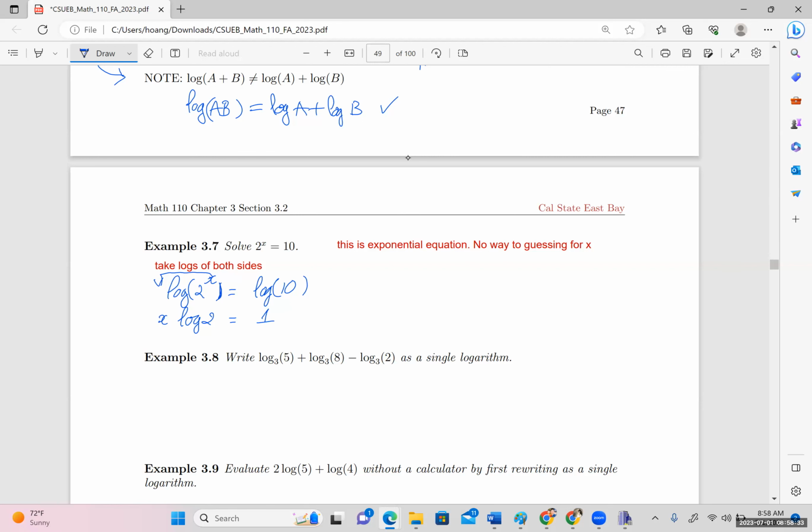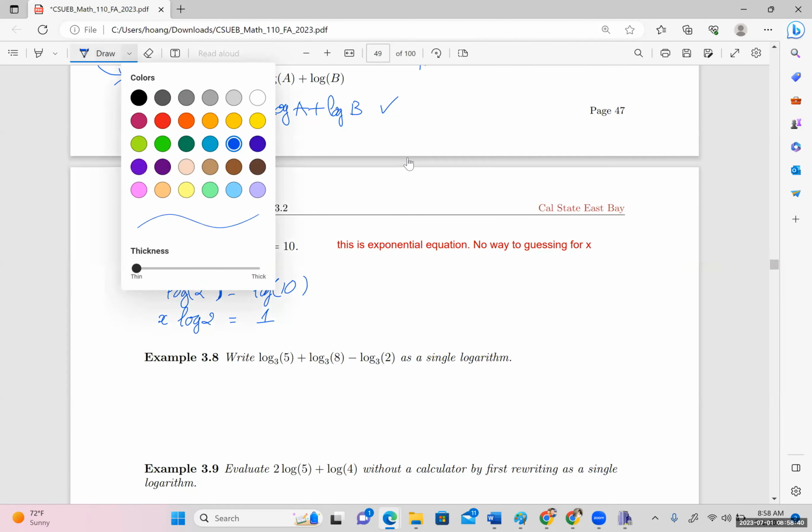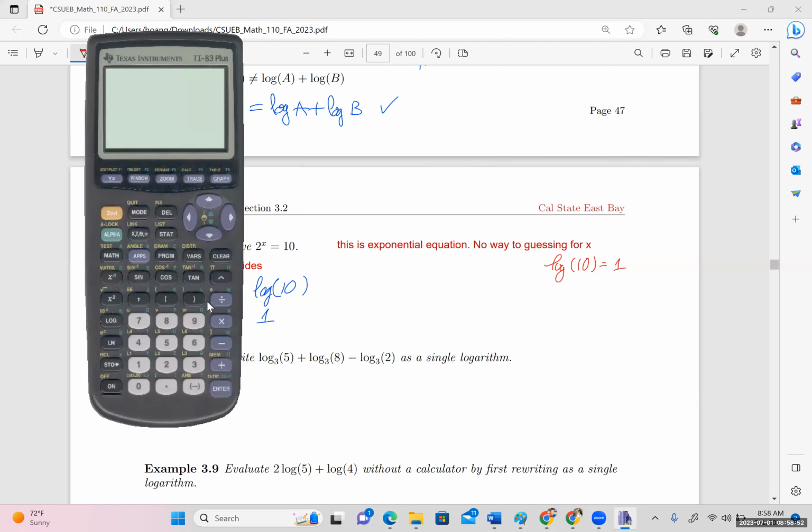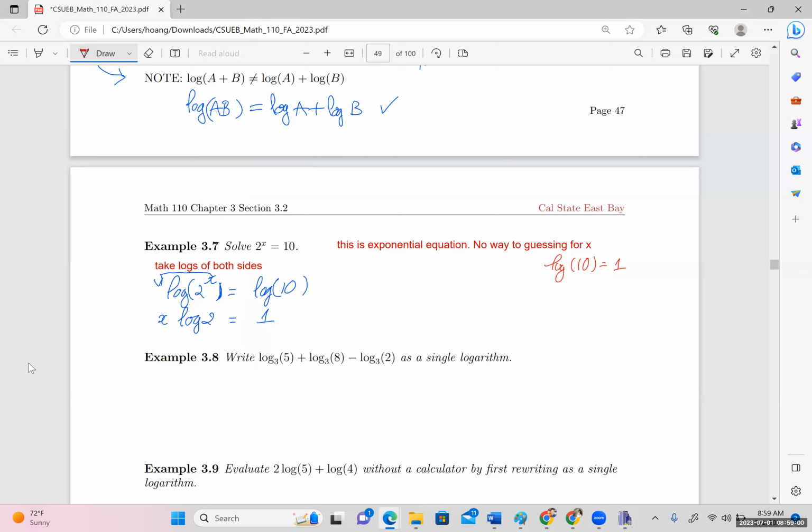So the right-hand side becomes 1. Log base 10 of 10 equals 1. If you don't believe me, use a calculator, but that's the rule, right? So try that.